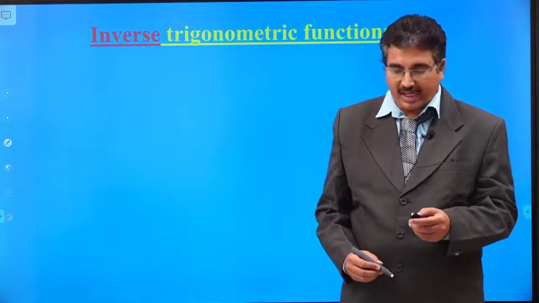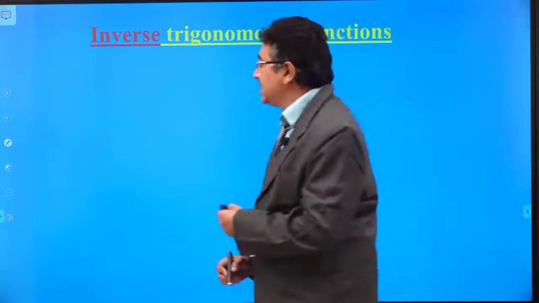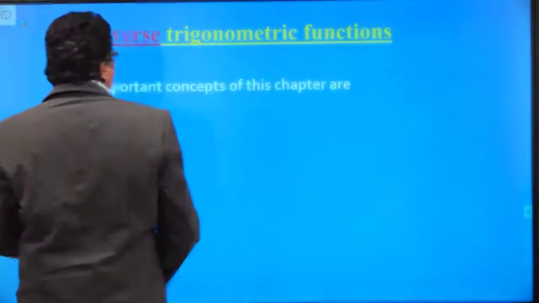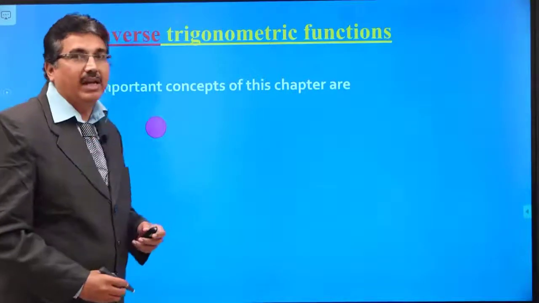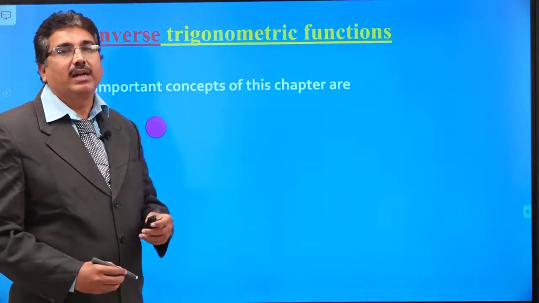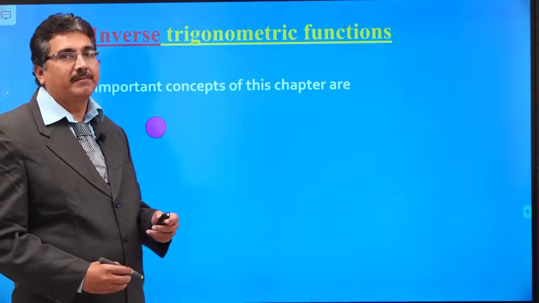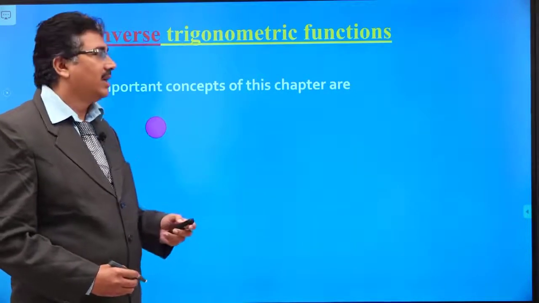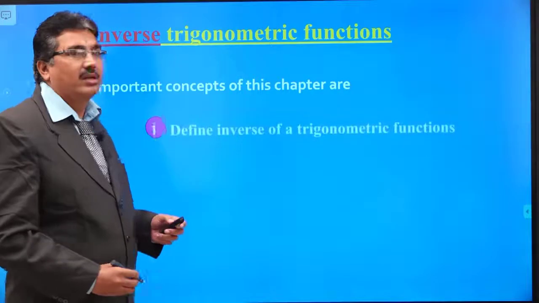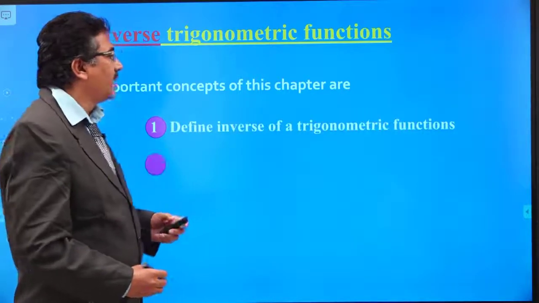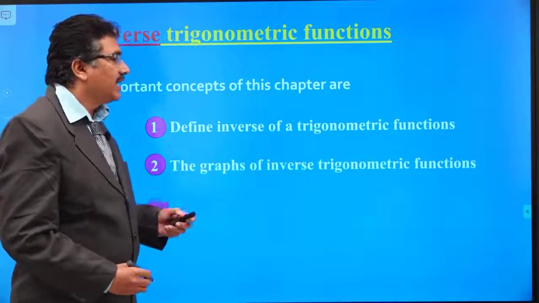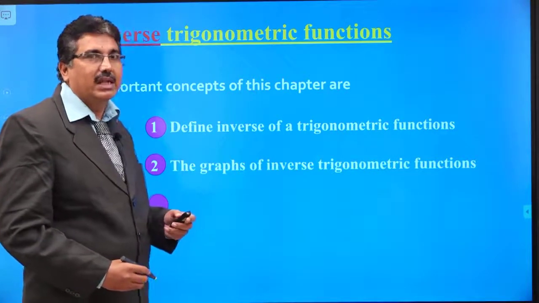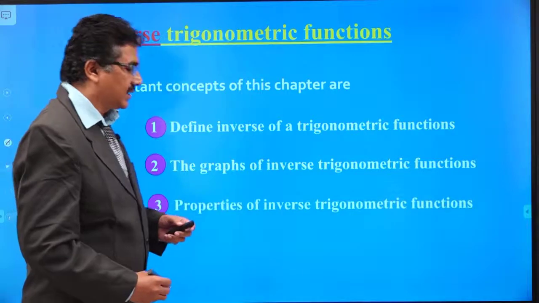The important points in this chapter are: the first one is define inverse of a trigonometric function. Second one, graphs of inverse trigonometric functions. Third one, properties of inverse trigonometric functions.